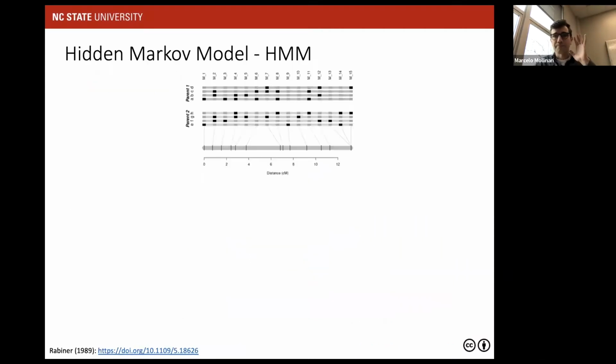And what we do with the hidden Markov model, and why is it hidden? The Markovian property tells you that you have a conditional independence, but why is our model hidden? The short answer is because we can't access the true genotype.